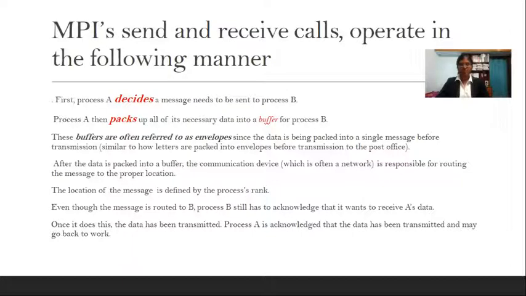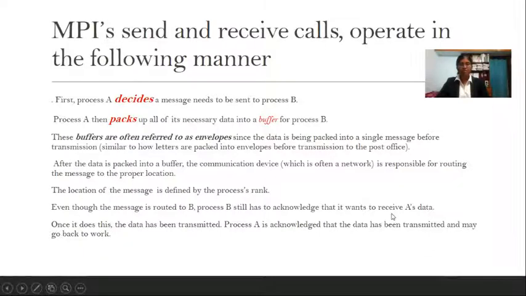Just like all the required letters and receipts are bundled into one envelope when we send it to a recipient, similarly, these buffers contain all the packed data, and that is sent to the required recipient. This procedure gives us a detailed workflow of the MPI send and receive calls.